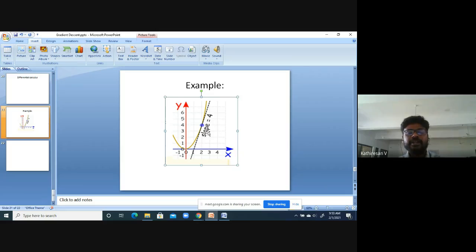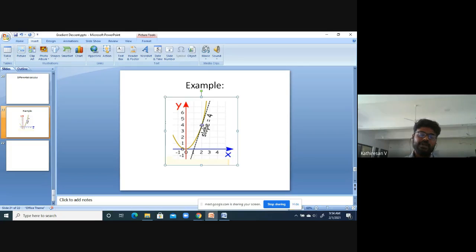Okay, this formula is only to identify a slope of a particular point in a curve. If you want to identify slope between two lines, you can use the traditional formula. So if you want to identify slope of a particular point in a curve, you have to get the help from differential calculus.